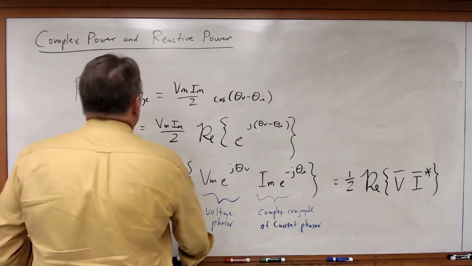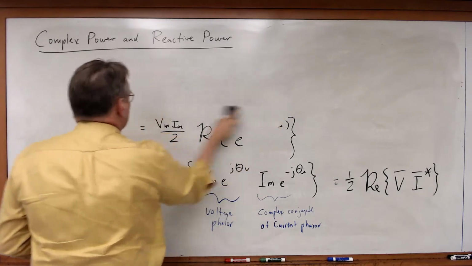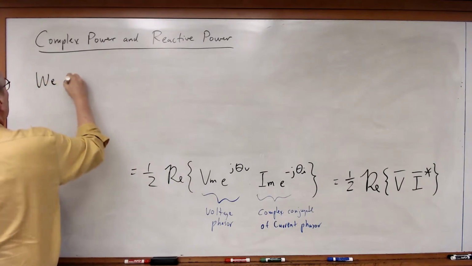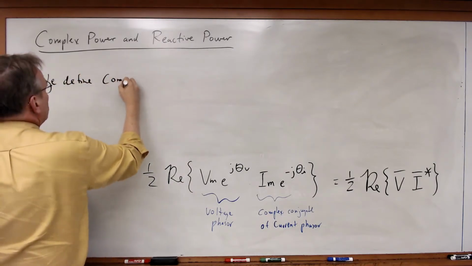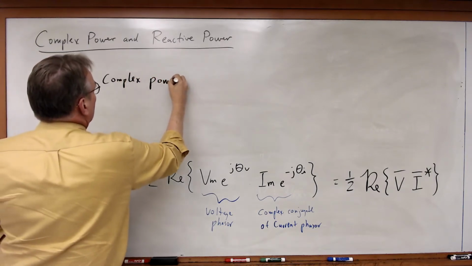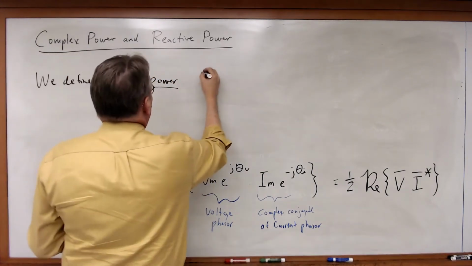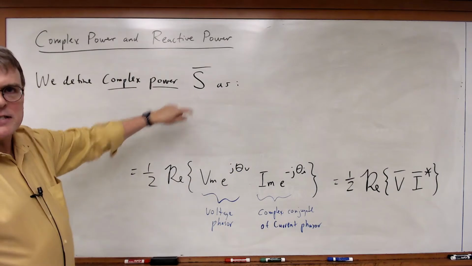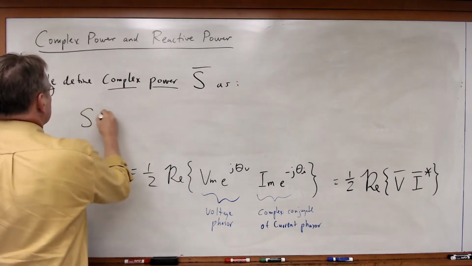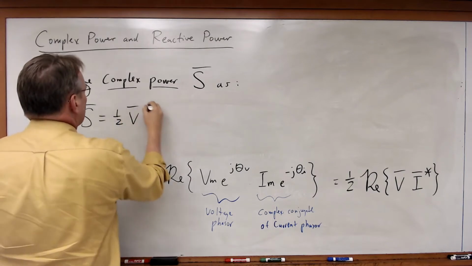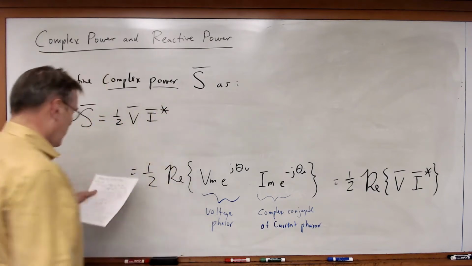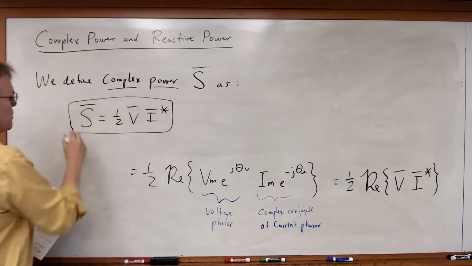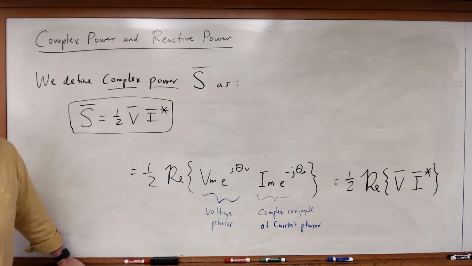Let's define a new term. We define complex power, and I'm going to represent that as S. S is simply equal to 1/2 V times I complex conjugate. This is a definition we're going to use from now on for calculating power.